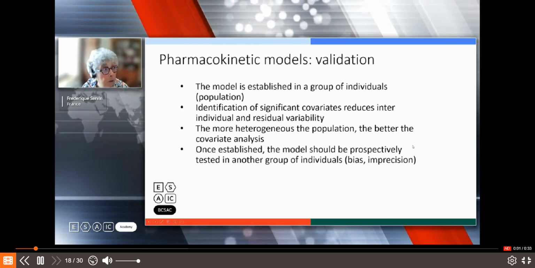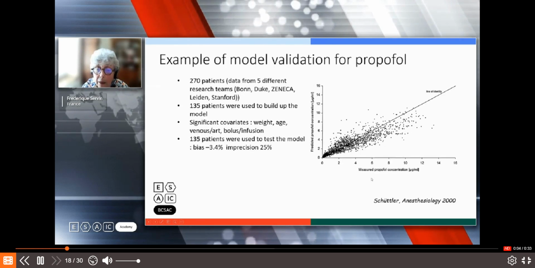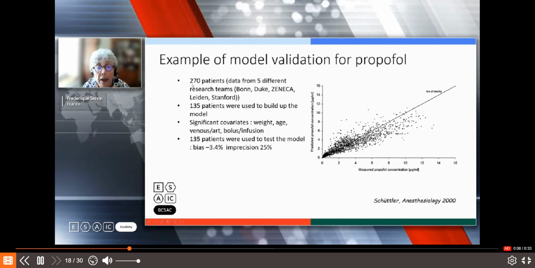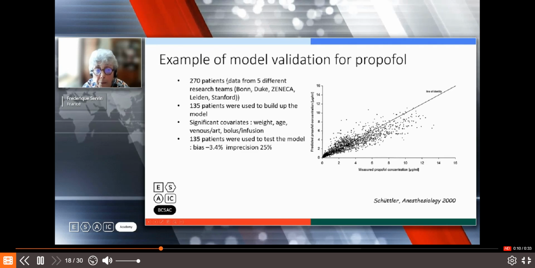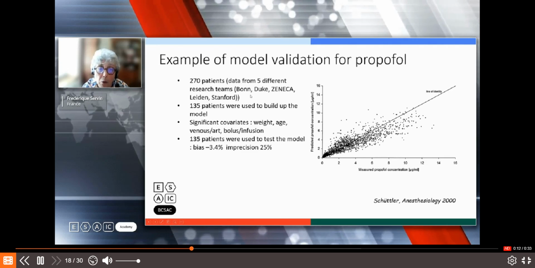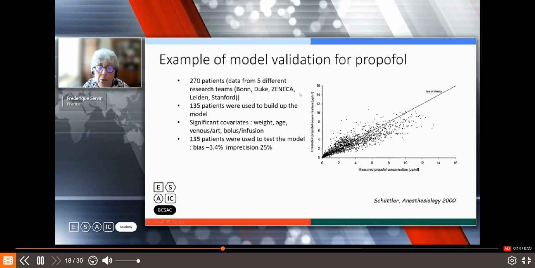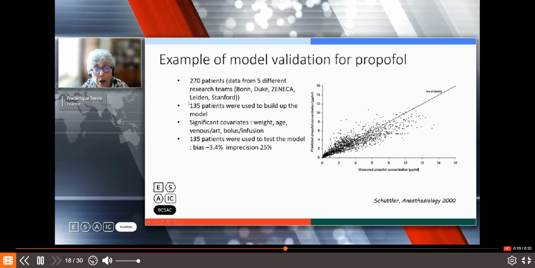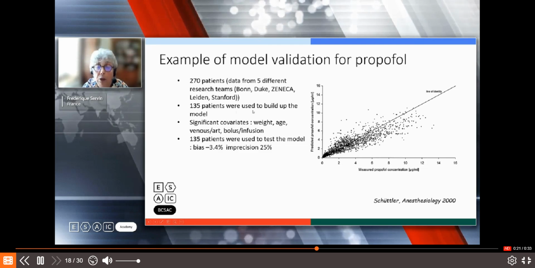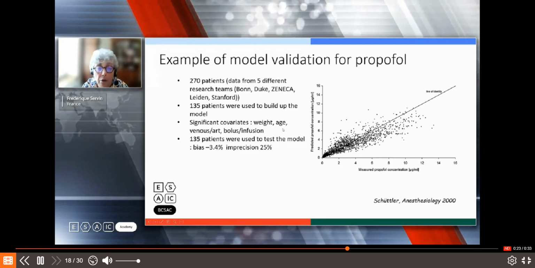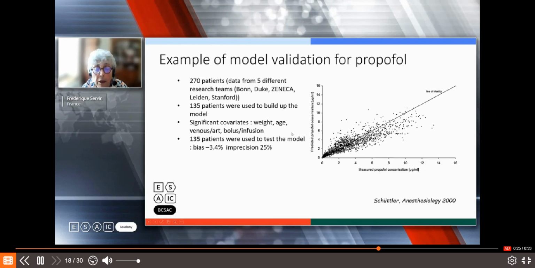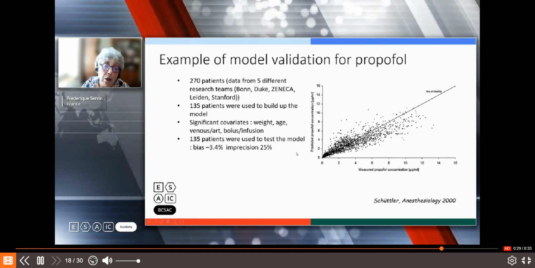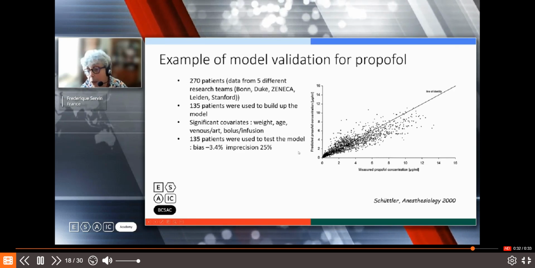This has been done, for example, by Jurgen Schüttler with propofol. He took 270 patients coming from all over the world and research teams who had data. They used the first half of the patients to build up the model and find the significant covariates, and then they tested their model on the other half of the population.